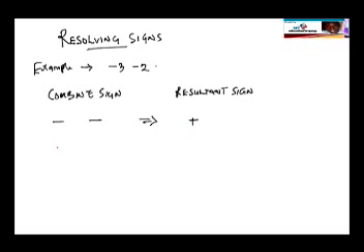Now if I have plus plus, my resultant sign will be plus as well. If I have plus minus, my resultant sign will be minus. This is what we do. And if I have minus plus, my resultant sign will be minus as well.